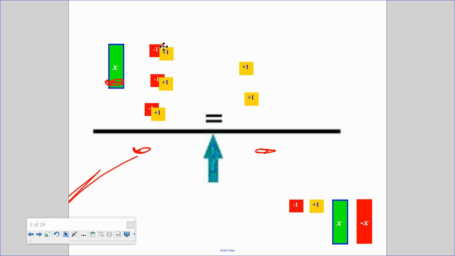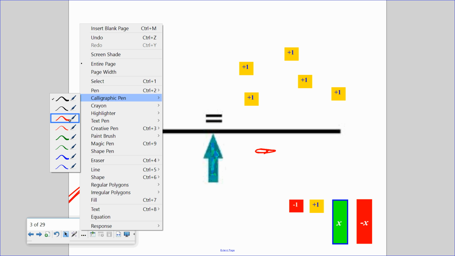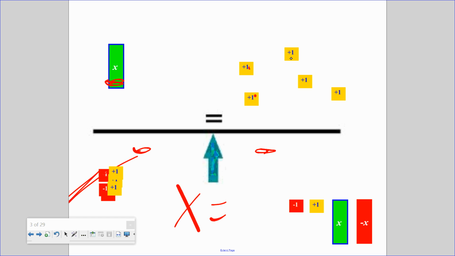But because I added 3 to the left side, is it balanced? No. I need to balance it out by adding 3 to the right-hand side. So all of this disappears. So x is equal to 1, 2, 3, 4, 5.